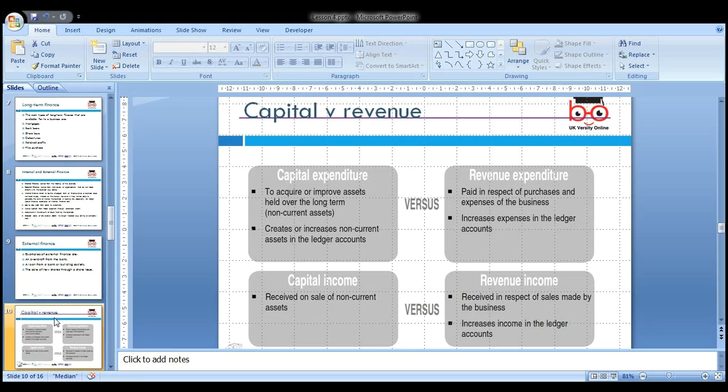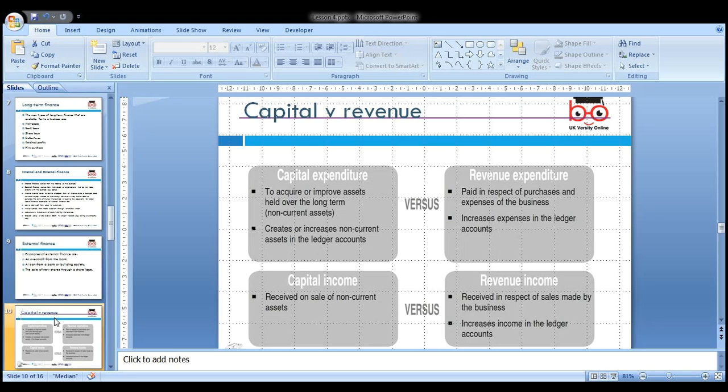Revenue expenses are paid in respect of the purchase of expenses of the business and increase expenses in the ledger account. Cleaning expense is a revenue expense. Changing carpet or decorating your house is a revenue expense, as it won't increase the value of the house, but if you extend your house, it is capital expenditure, which increases the value of the house.